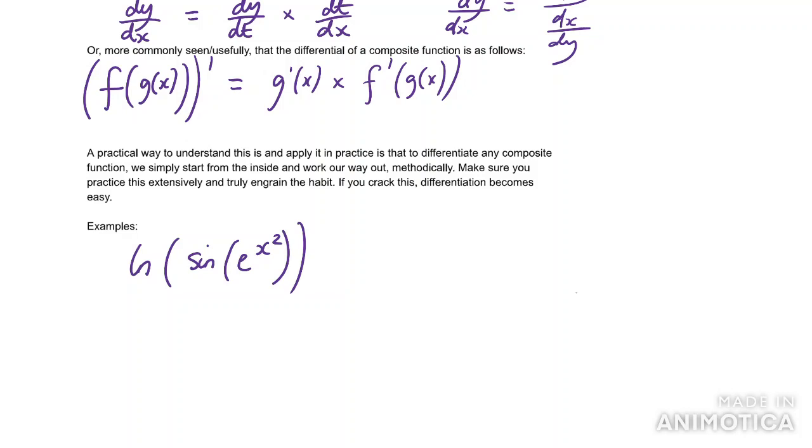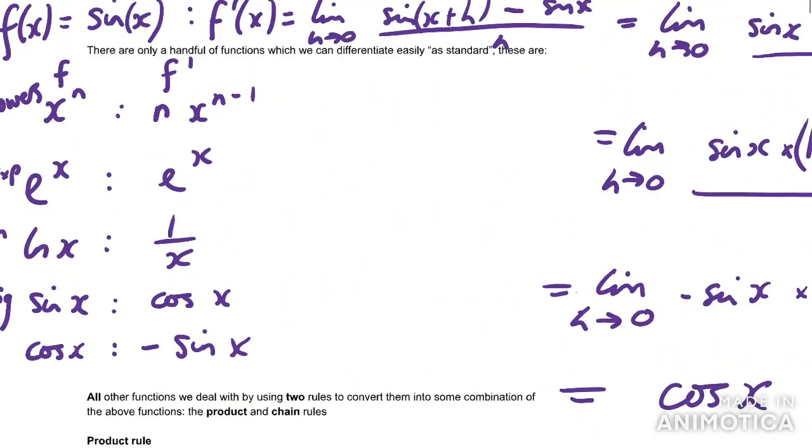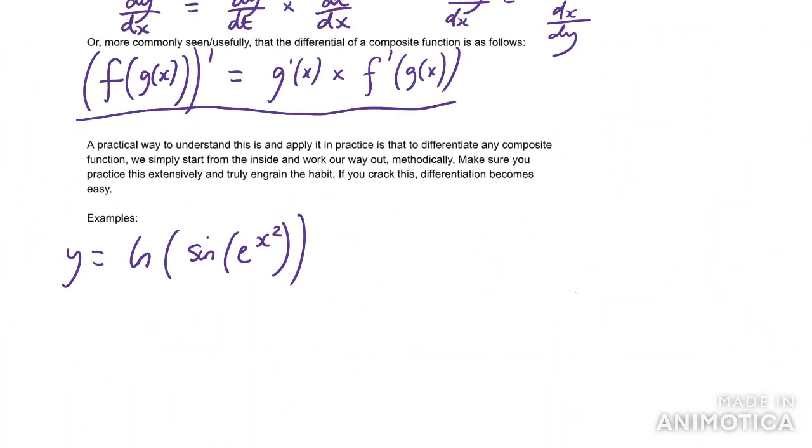Okay, so hopefully it's clear that this is a composite function. It's just lots of the building blocks we have above, put together. So how do we use this rule, which looks a bit scary? Well, it's actually very easy to do in practice. What you want to do is go all the way to the inside of the function and look for the innermost function you can find.